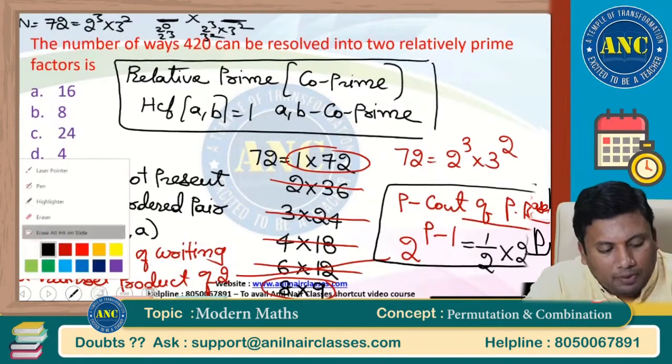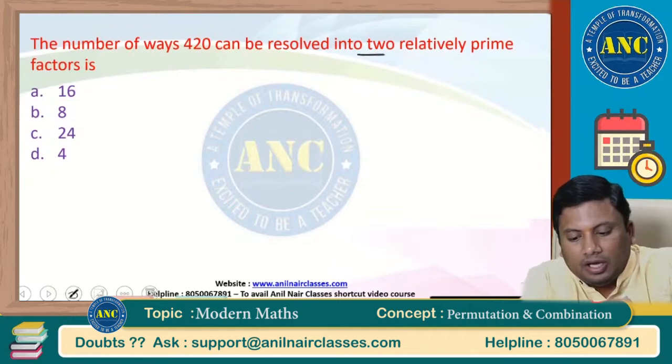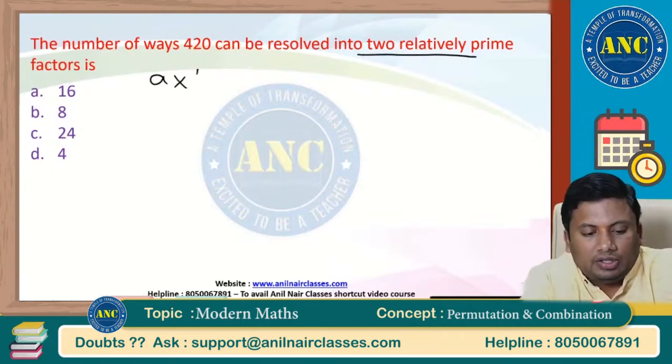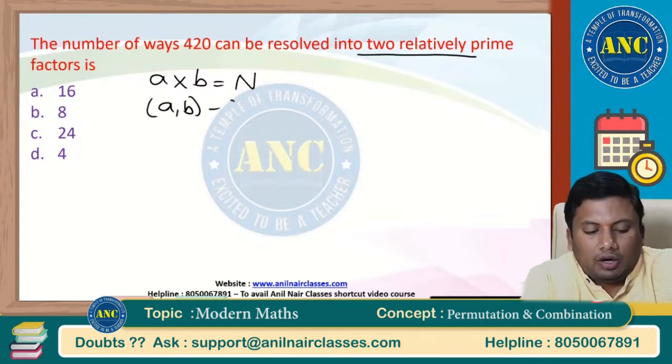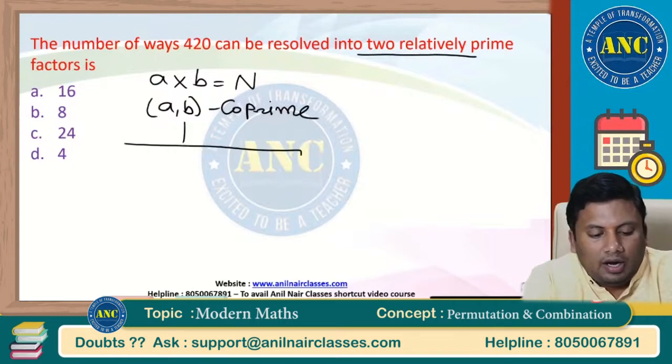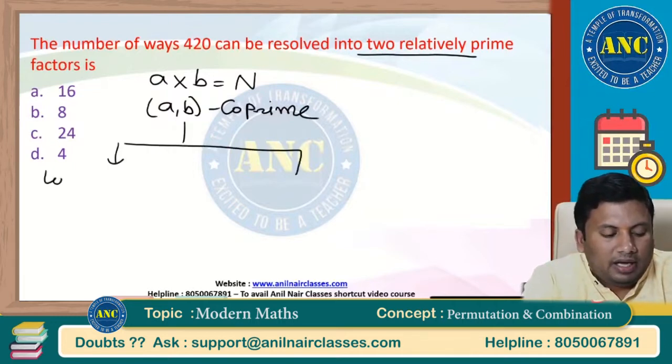Extremely important point, please write down. In how many ways can A into B equal N, where A comma B are coprime, in an unordered pair? What do you mean by unordered pair?